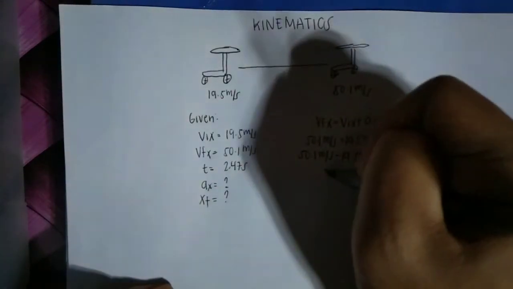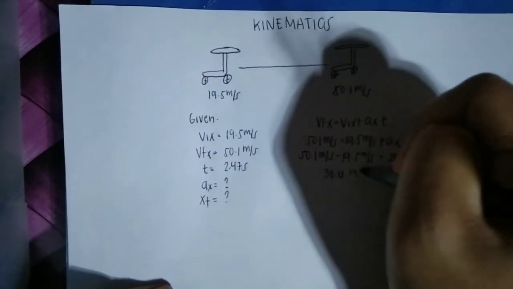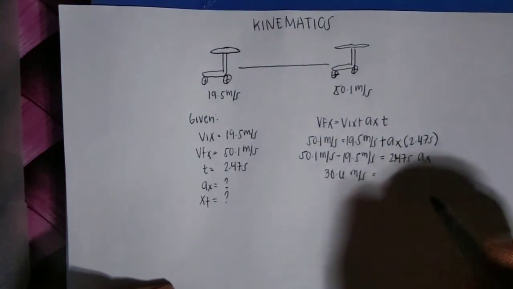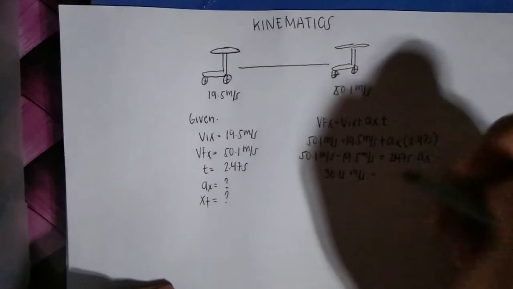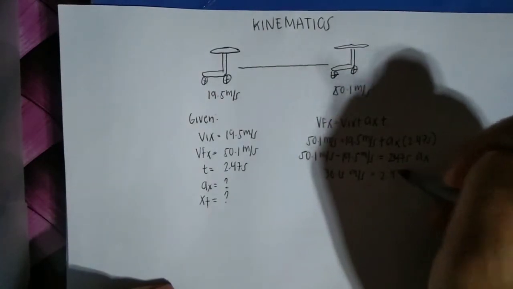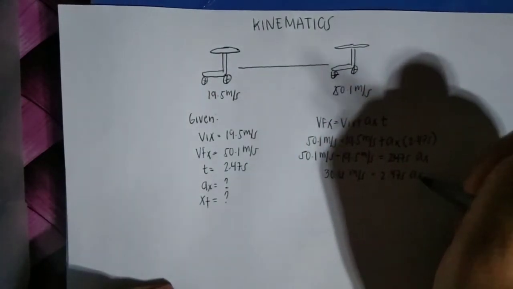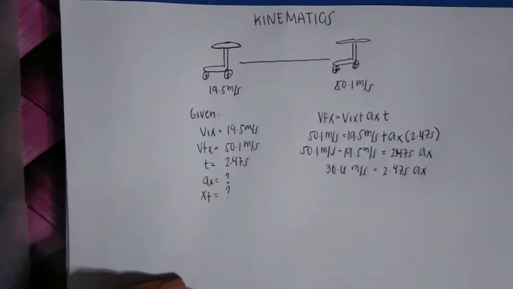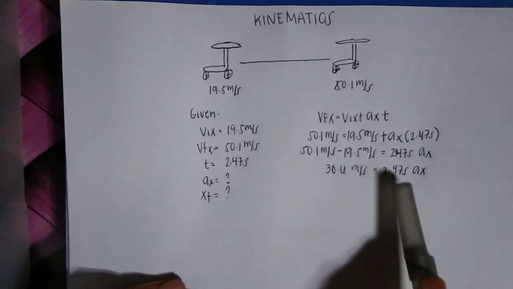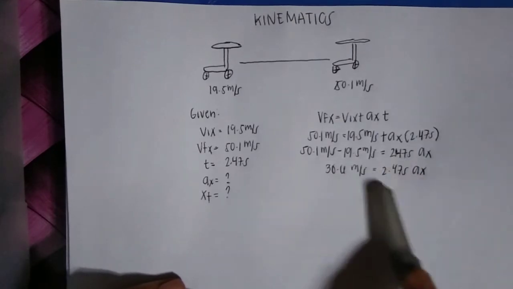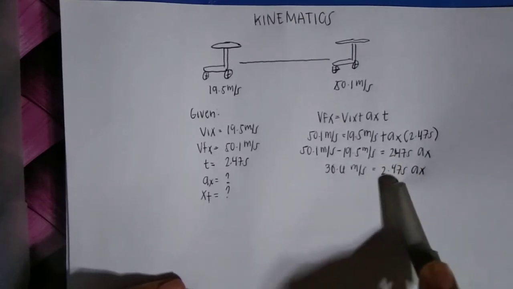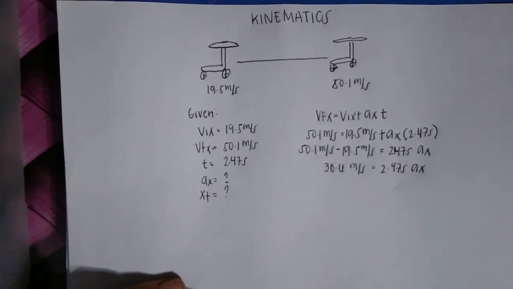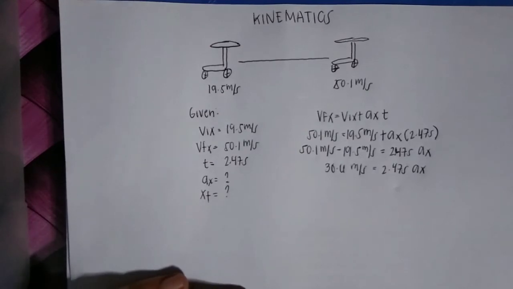So, meron tayong 30.6 meters per second is equal to, i-copy lang natin yung value sa taas na is equal to 2.47 seconds acceleration. So, after that, i-divide natin both side by 2.47 seconds para ma-cancel out yung 2.47 seconds, and mahanap or makukuha na natin yung value ng acceleration.